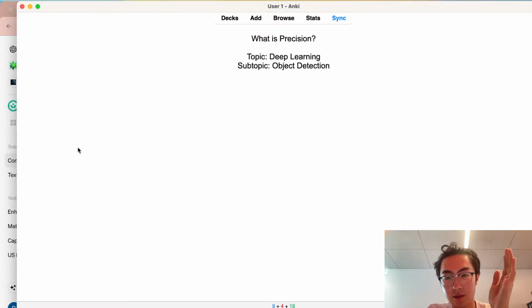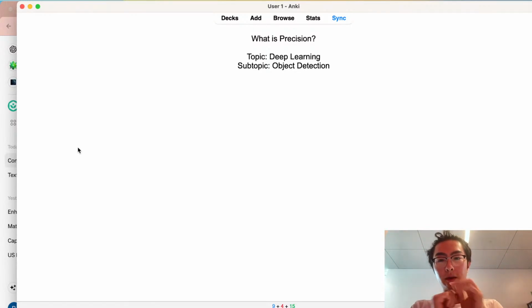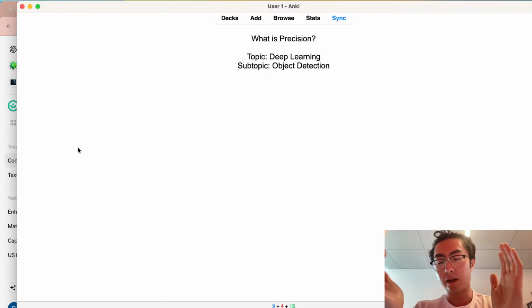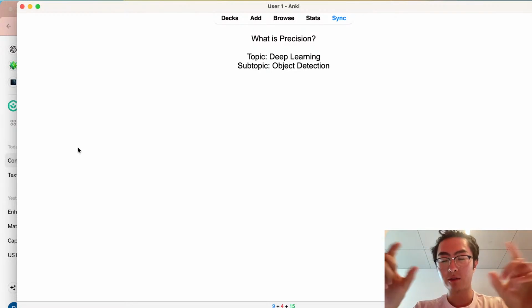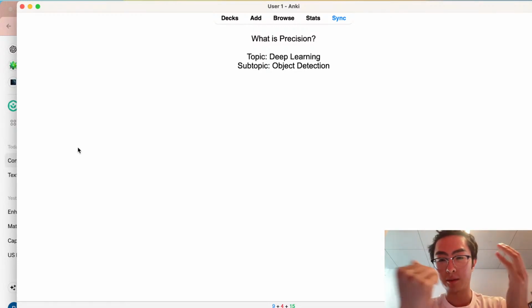First half is positive, second half is negative. Then you have this circle enclosed in a little square box. I think the left half of the box is positive, right half of the box is negative. The box represents the true output space. The circle represents what your prediction is.